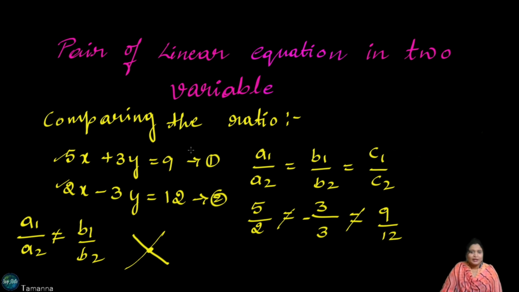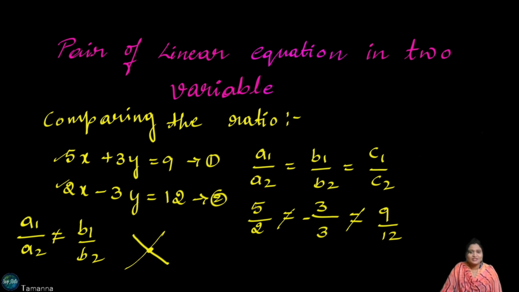Here, a1 by a2 is equal to b1 by b2 is equal to c1 by c2. a1 is 1, a2 is 1, b1 is 1, b2 is minus 1, you have to write it as minus here, and c1 is 10 divided by c2 is 4.